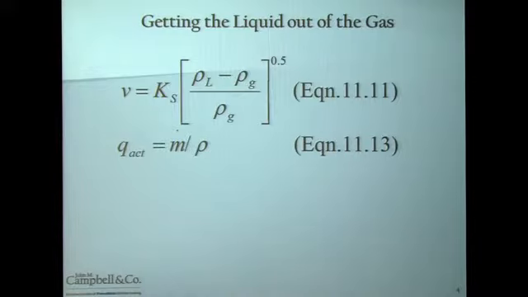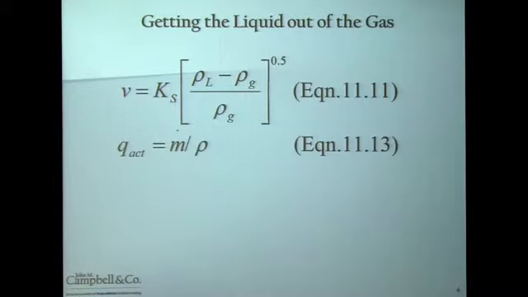Another equation that you need for evaluation is a simple one to determine what your actual flow rate is. And we discussed this earlier during the session: your actual flow rate is equal to your mass flow rate divided by your gas density.